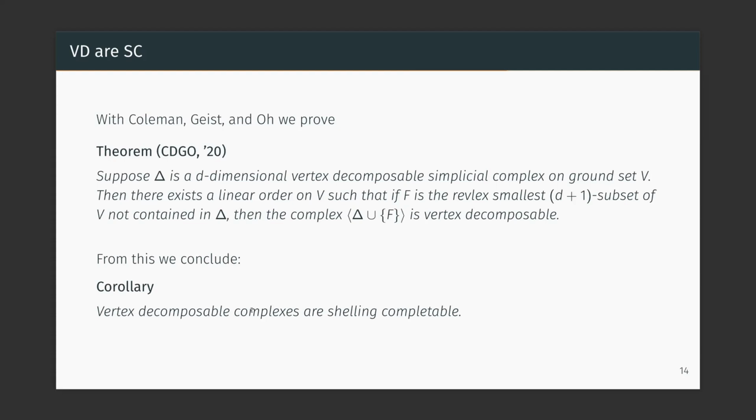So the punchline here is that in some controllable way, you can extend your vertex decomposable complexes to another vertex decomposable complex. And a corollary of that is that vertex decomposable complexes are Schelling completable. So that was nice. Simon's conjecture says that shellable complexes are Schelling completable, and we have this weakening of that.